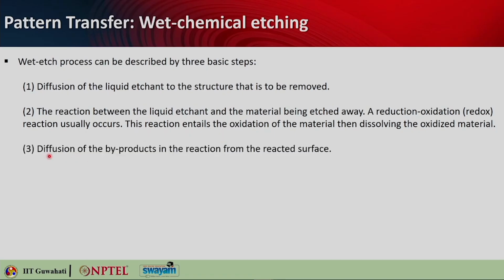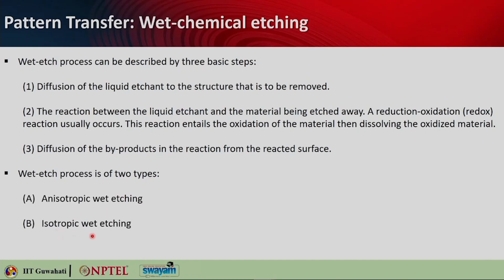And finally, you have diffusion of the byproducts in the reaction from the reacted surface. So, this is how the wet etching process happens, and there are 2 types of wet etching. One is anisotropic, the other one is isotropic.